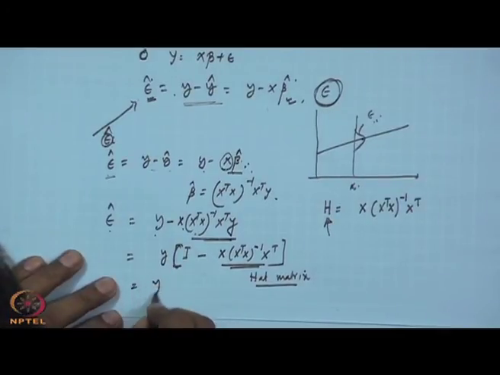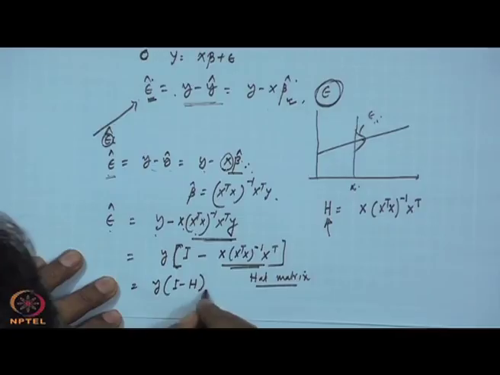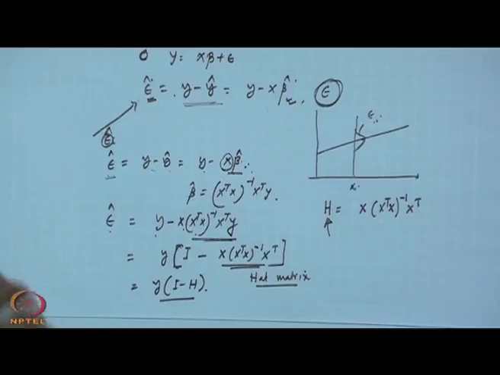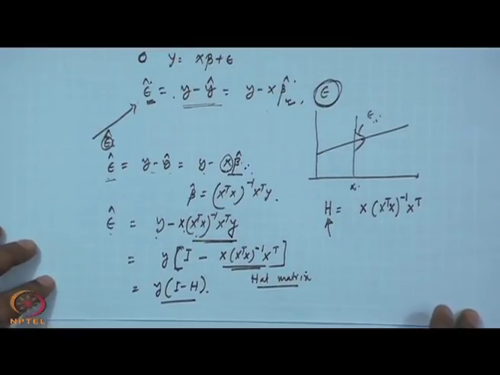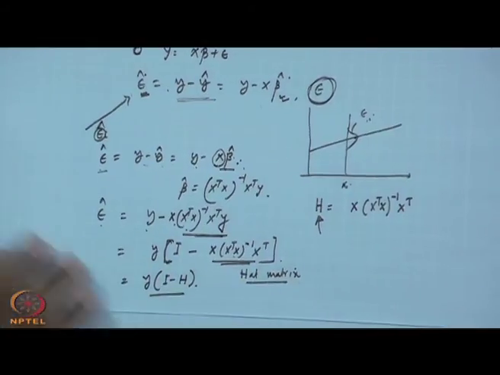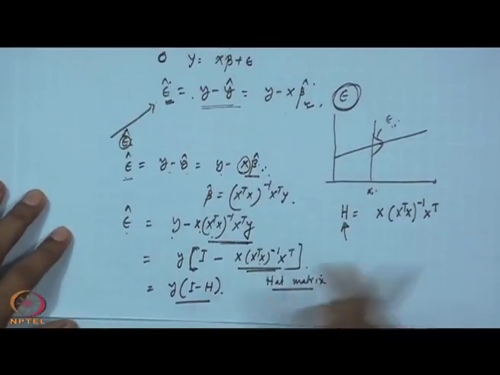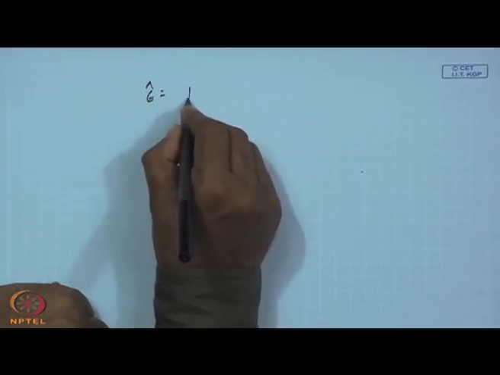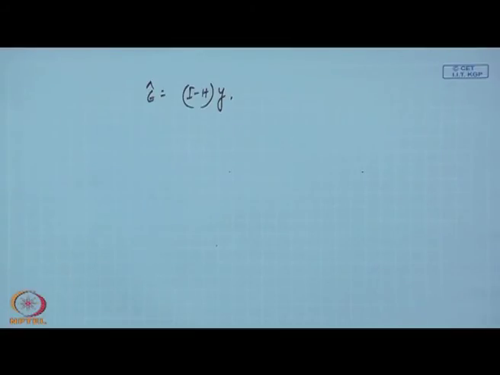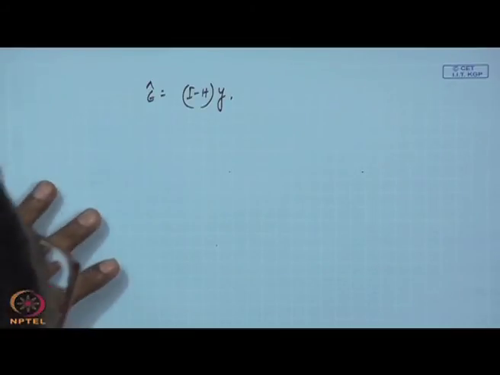So, that means we can write this as I minus H, correct, into y. You have to see the matrix multiplication compatibility. So, we can write I minus H epsilon cap equal to I minus H into y. I think this is compatible. Okay.